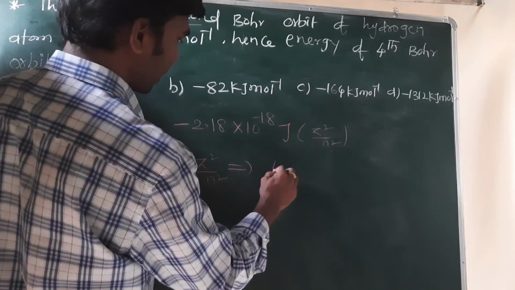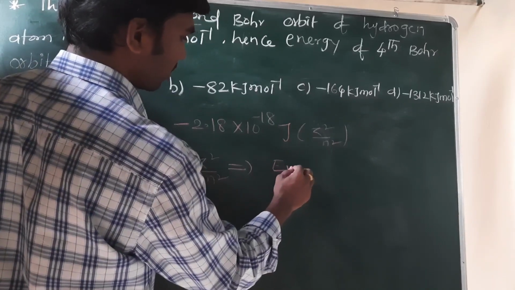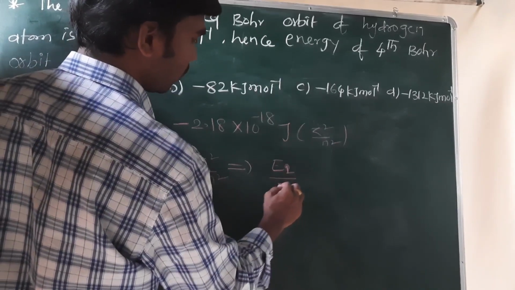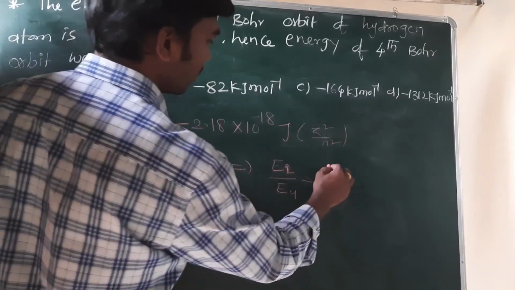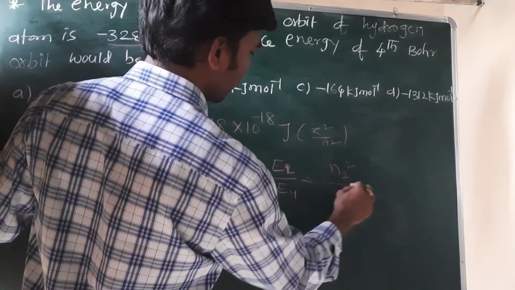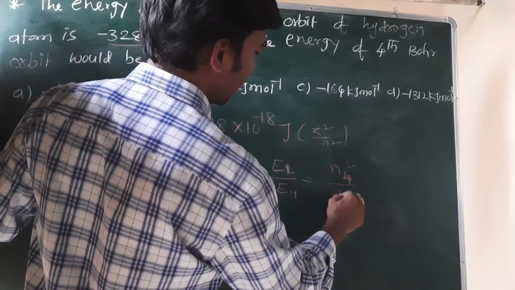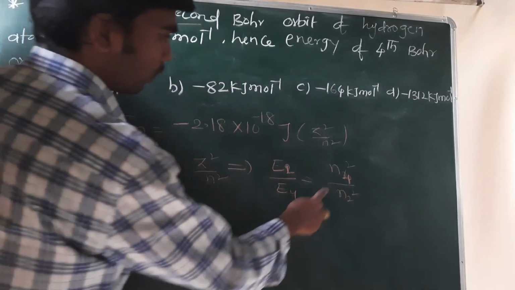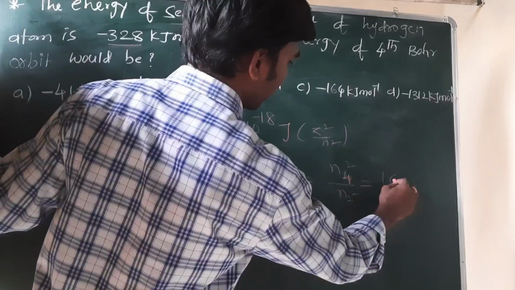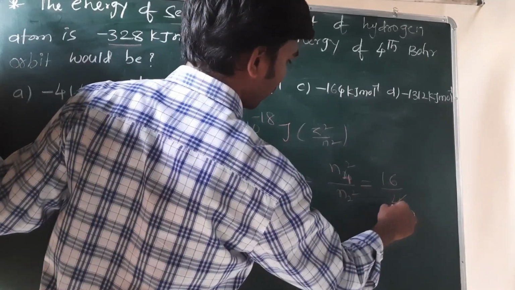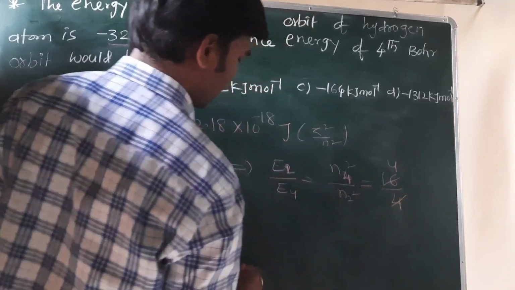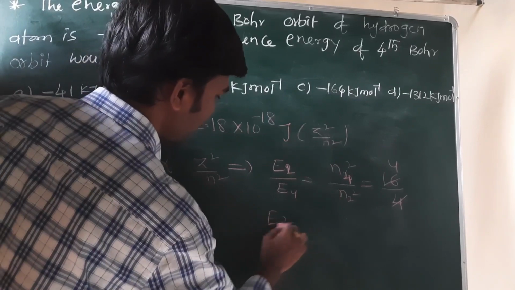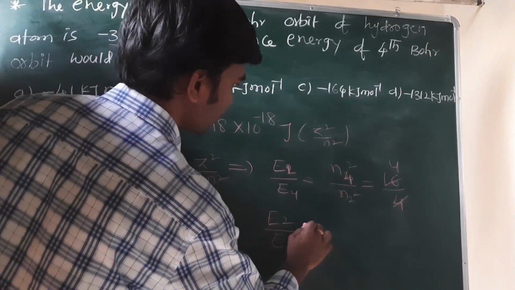So here simply we can take E2 by E4 is equal to N4 square by N2 square. N4 means the fourth orbit, so that is 16 by 4 will come, so 4. So E2 energy upon E4 energy is equal to 4.